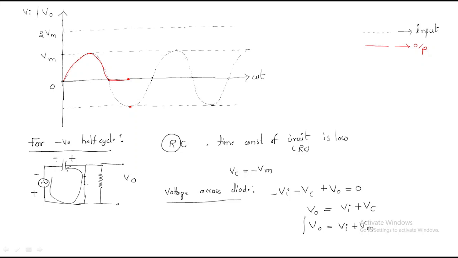So this is the procedure. Understand? If you observe here, the output after this point, the output voltage, the load voltage, the voltage across the diode, becomes Vd.